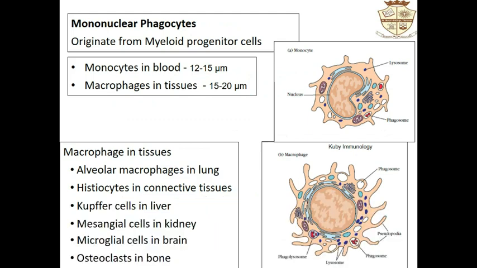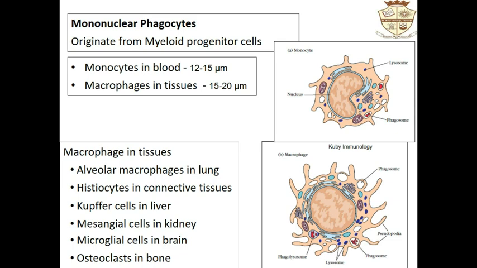The mononuclear phagocytes consist of monocytes, which circulate in blood, and macrophages, which are present in tissues. During hematopoiesis, they originate from the myeloid progenitor cell, which will differentiate into granulocyte monocyte progenitor cells.